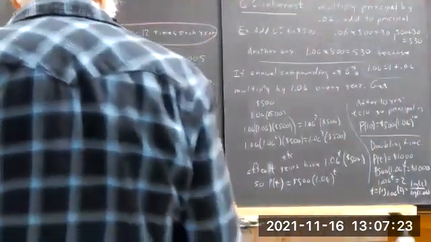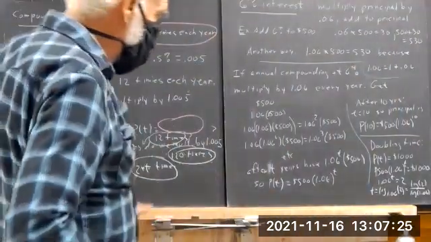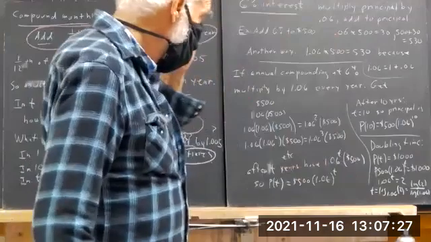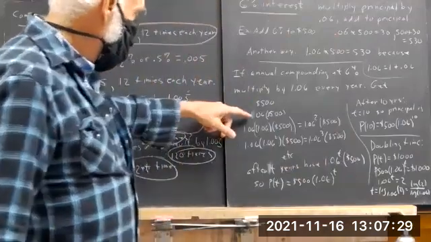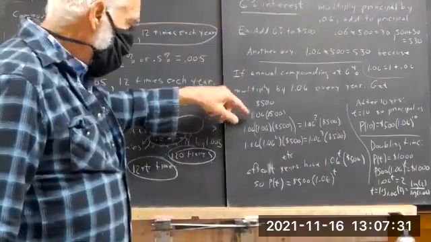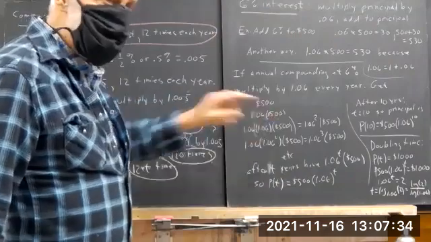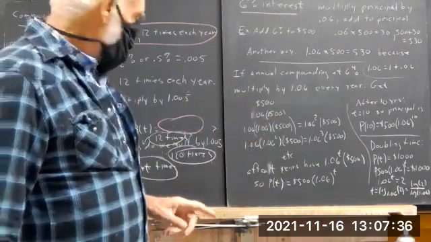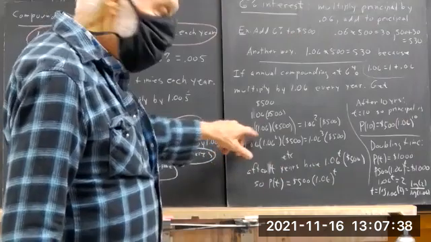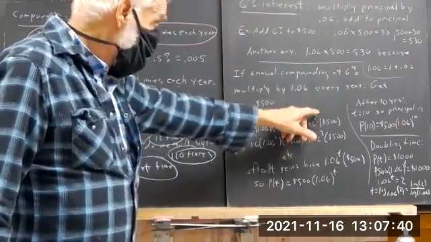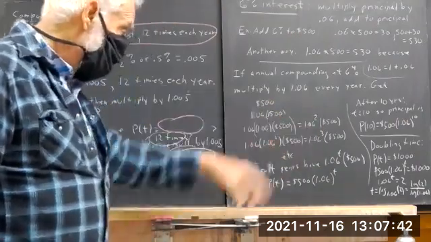So what was our reasoning over here? Well, after 1 year, we have 1.06 times $500, right? After 2 years, we multiply by 1.06 again. You get 1.06 squared and so forth.